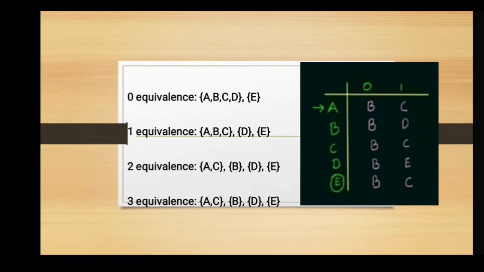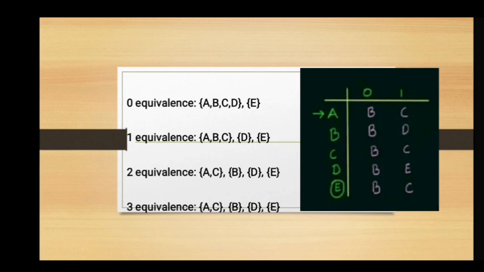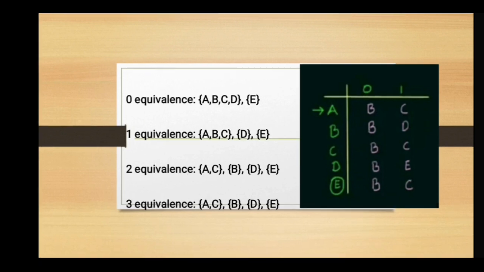Next, you have to compare the A and D states. A input 0 goes to B, and D input 0 goes to B. A input 1 goes to C, and D input 1 goes to E. Since E is in a different set, we have to split these states into another set.